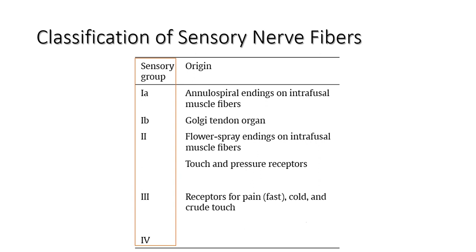These are the fibers carrying temperature, crude touch, and fast pain sensation. Group 4. These are the unmyelinated fibers carrying slow pain, itch, temperature, and crude touch sensations.